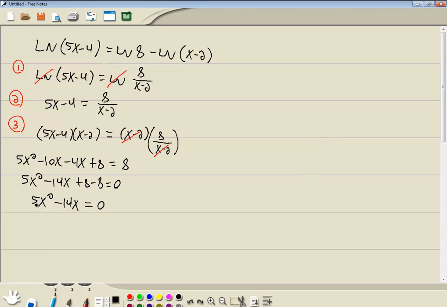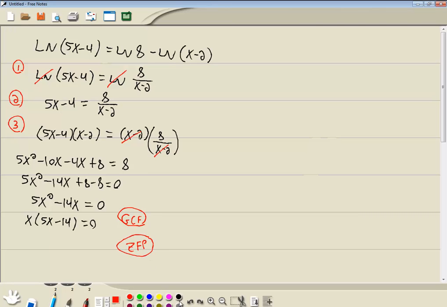Well, once we got rid of our rational, we're at step 3 on solving rational equations. It says solve for x, and it could be linear or quadratic at this point, and this is quadratic. So we're going to use the zero factor property, which means we have to factor. I notice that these both have an x in common, so we can factor out a GCF of x, and that gives us 5x minus 14 equal to 0.